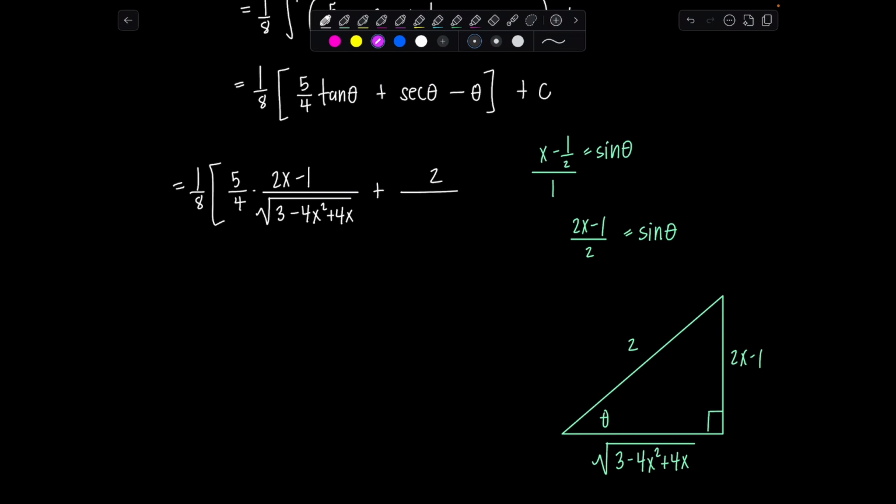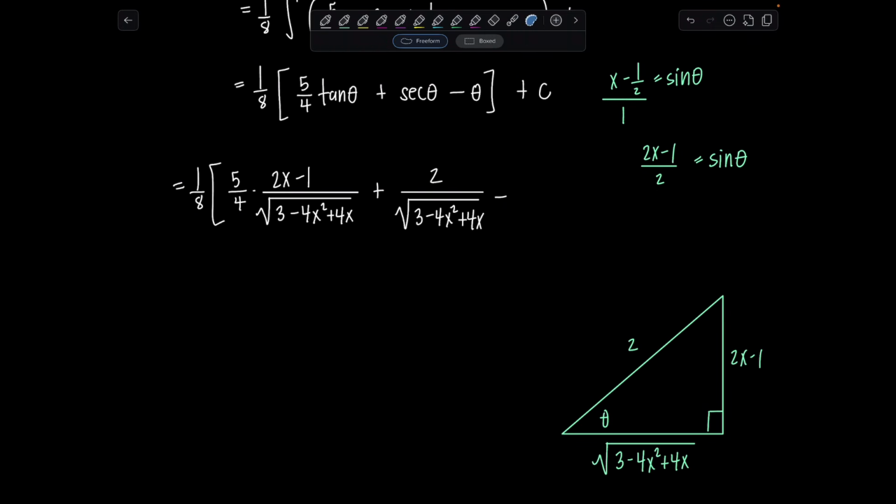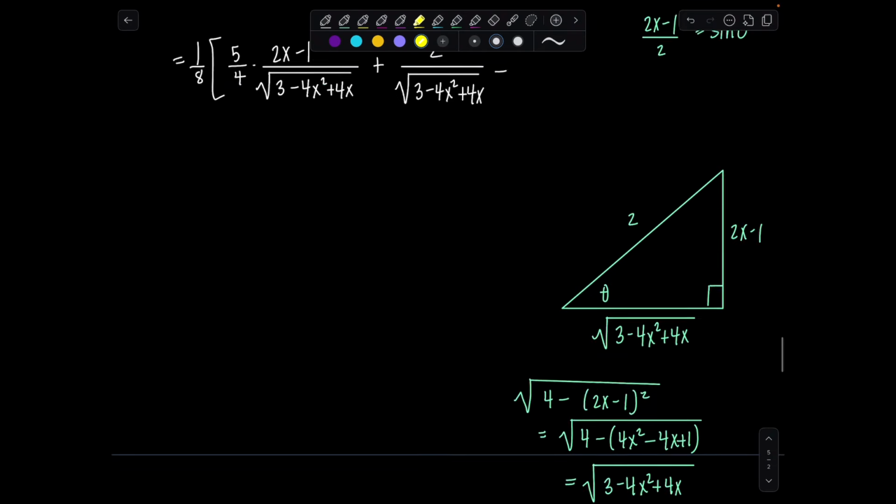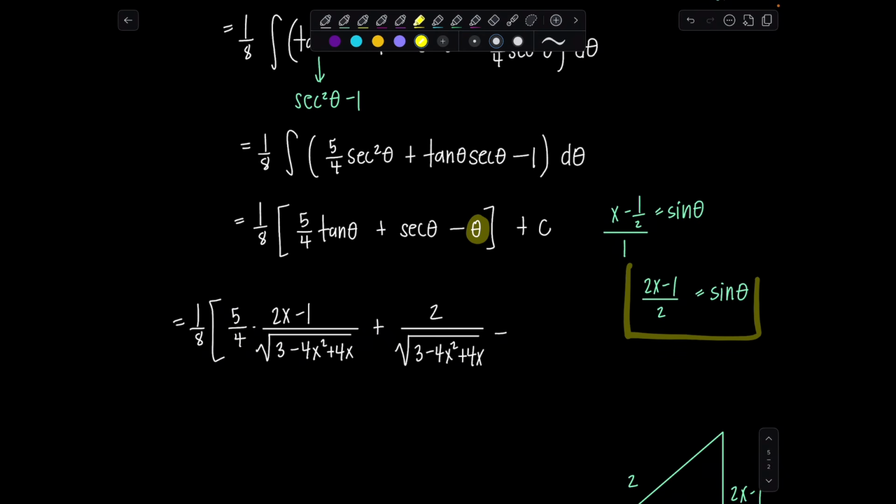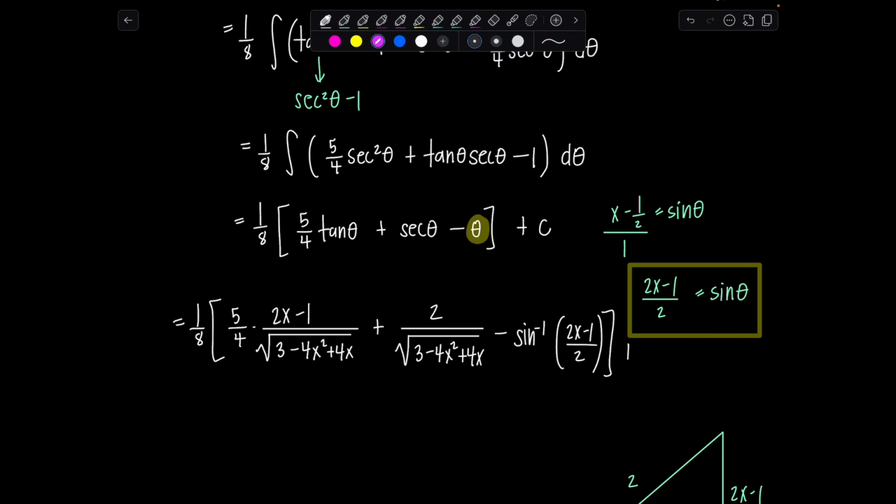So 2 over square root 3 minus 4x squared plus 4x minus, and then what do you do about this plain old theta? What a little loser. No, it's fine. You just come back to where you made your substitution, and you say, oh, then theta is going to be arc sine or sine inverse of 2x minus 1 over 2 plus c.